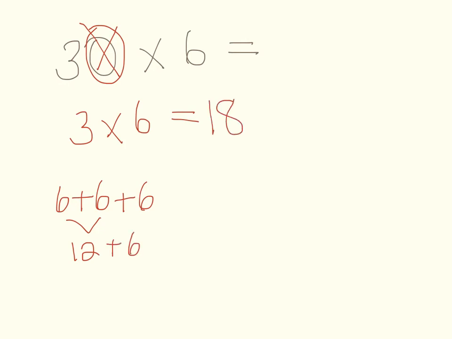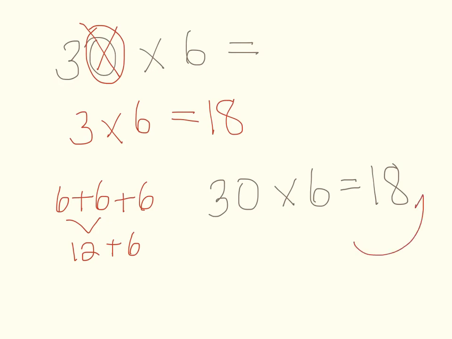So 3 times 6 is 18. That means that 30 times 6 is, what do I have to put right here? What am I missing? Did you do it on your paper? I hope so. I have to put my 0 back. So 30 times 6 is 180. I hope you got it.